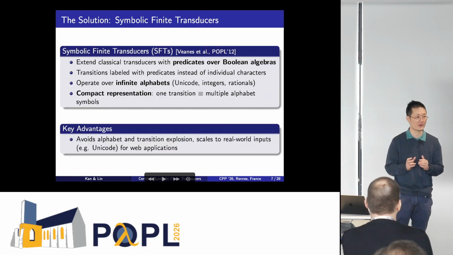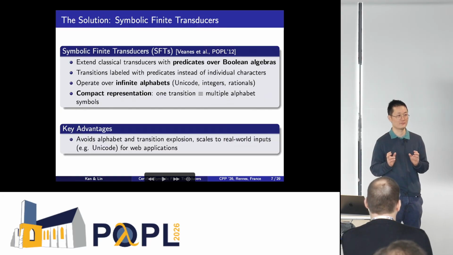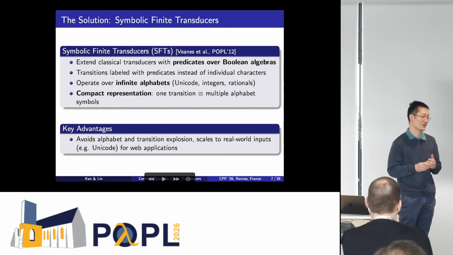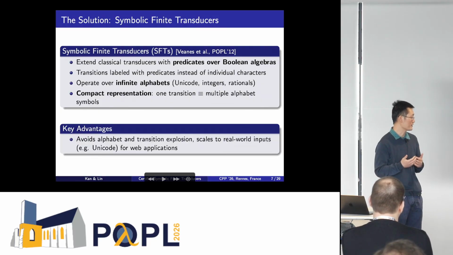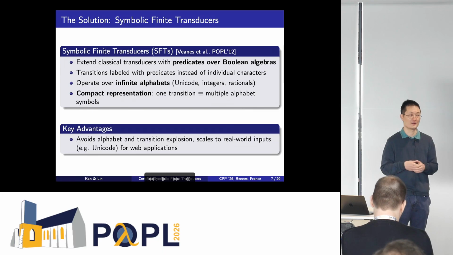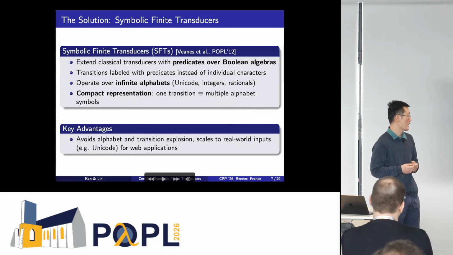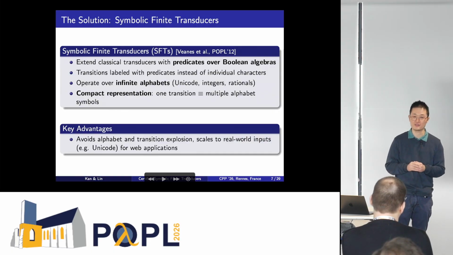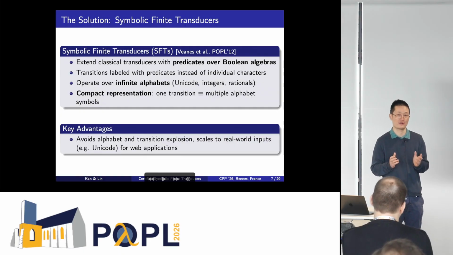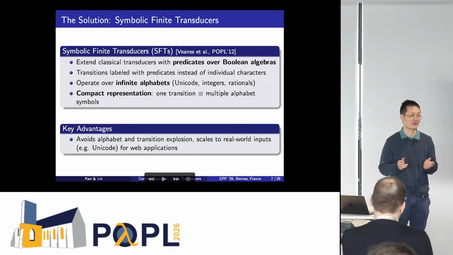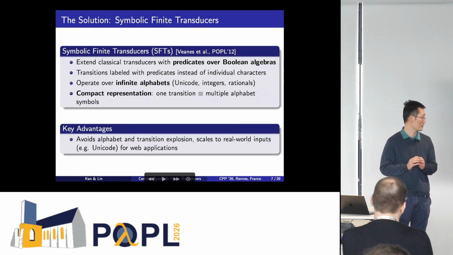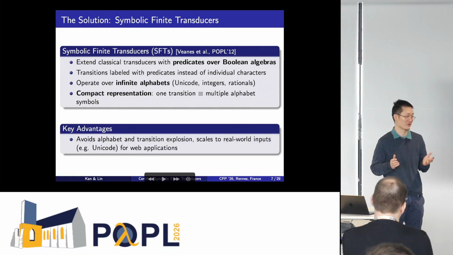We always know that symbolic representations are more concise and succinct than explicit ones. It can also support infinite alphabets and provide more efficient execution of the label transition operations. The key advantage is to avoid big alphabets, because for web applications, we may have Unicode. Unicode has more than 1 million characters. When we try to handle them, we must be very efficient. Otherwise, it's useless for web responses.